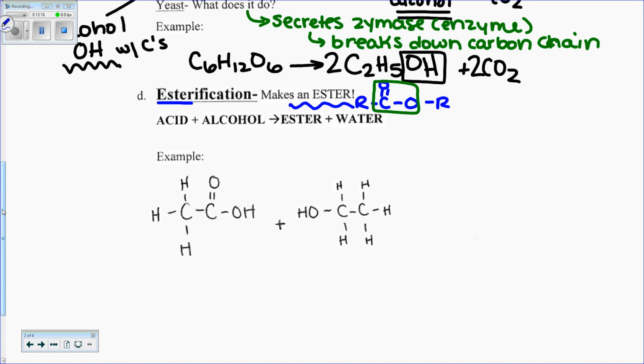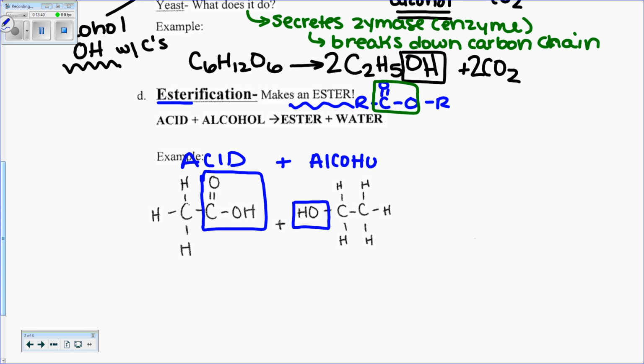In this example, I see this C double bonded O, OH. That's my acid. Plus, I have this OH here with C's. So this is my alcohol. So I have my acid and my alcohol, and I need to make an ester, and I need to make water.